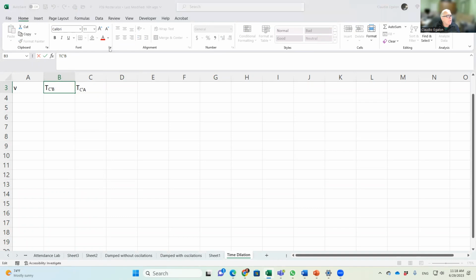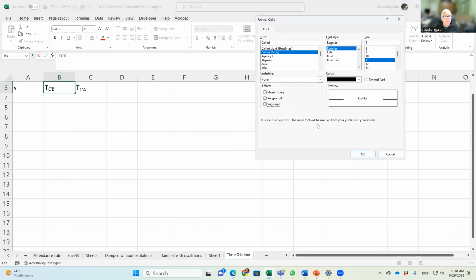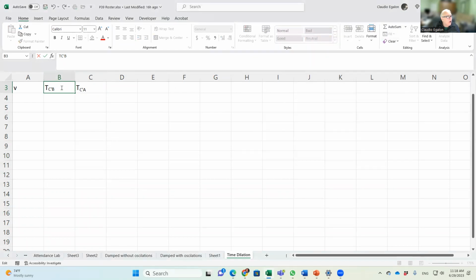We call it the proper referential when the clock is at rest, right? The proper referential of the clock, and here's gonna be in terms of c.